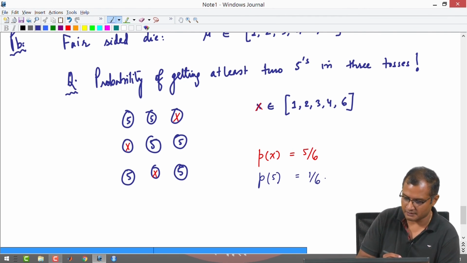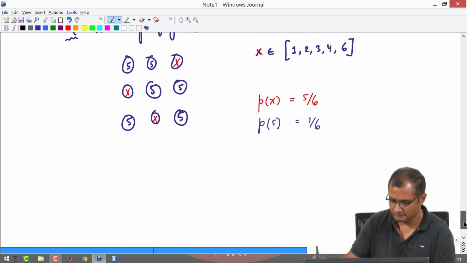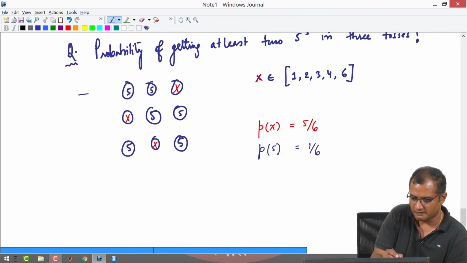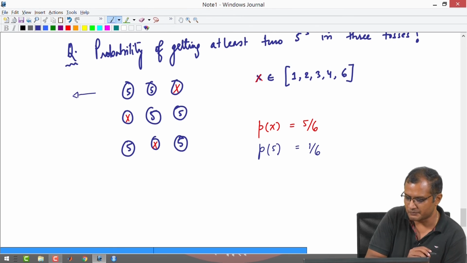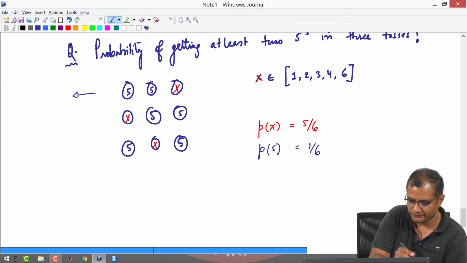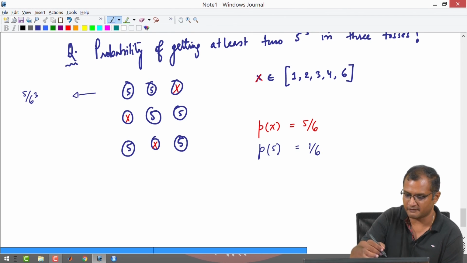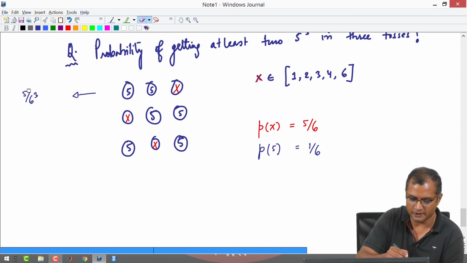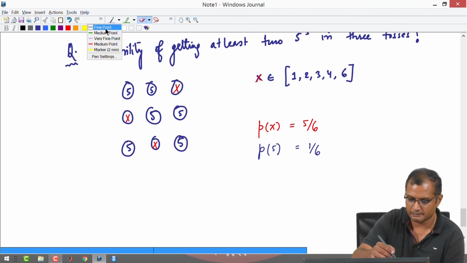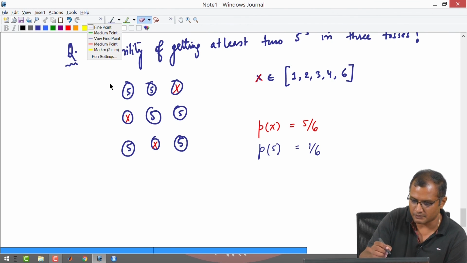So, if you look at this particular observation, let us write it below here.